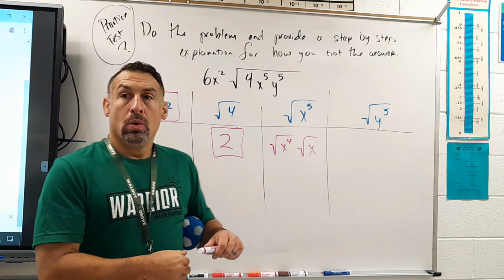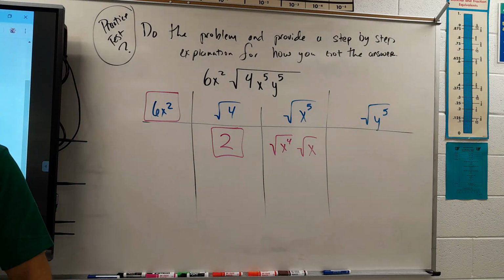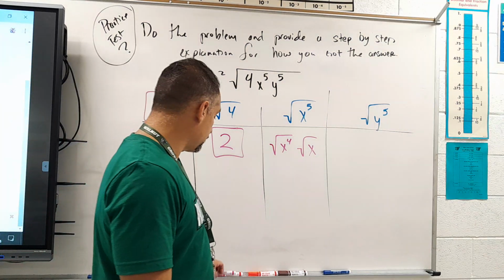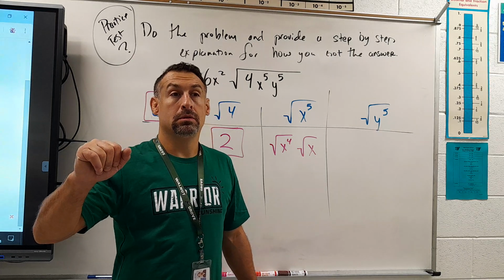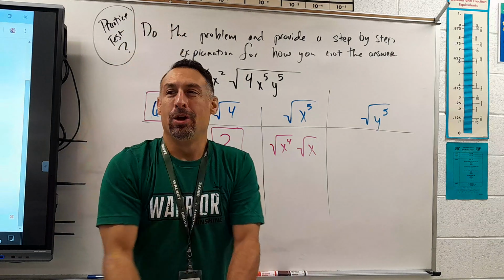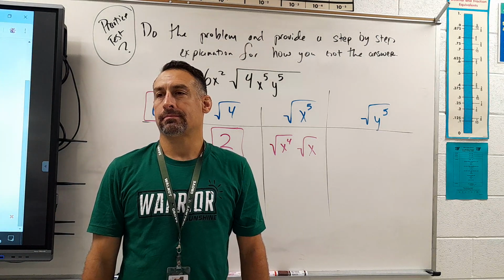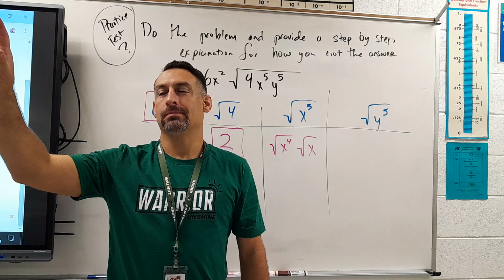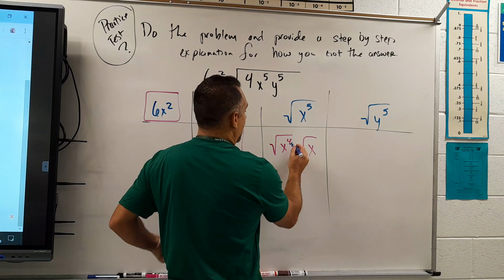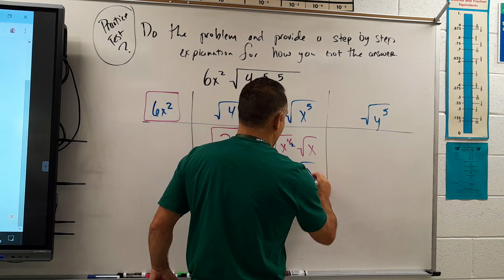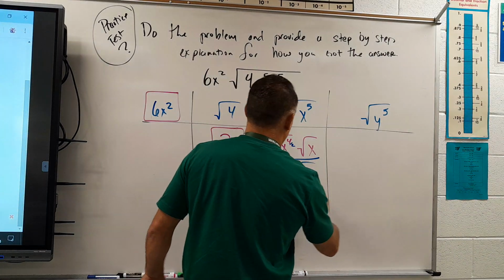What are we going to do next? Divide the exponent by 2. So I divide that part by 2 and you get x squared square root x. Are we done? Yes. So we finished this part.